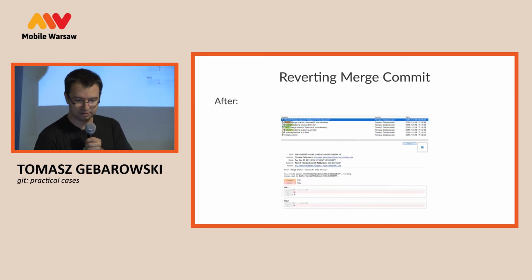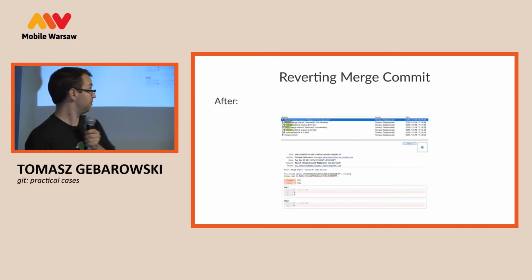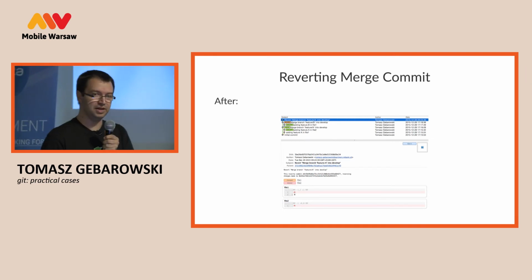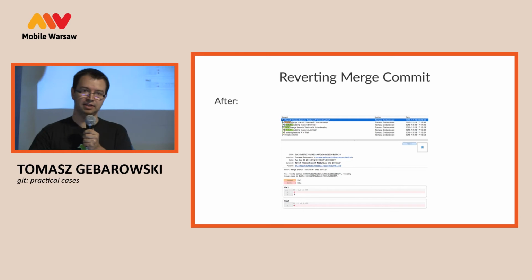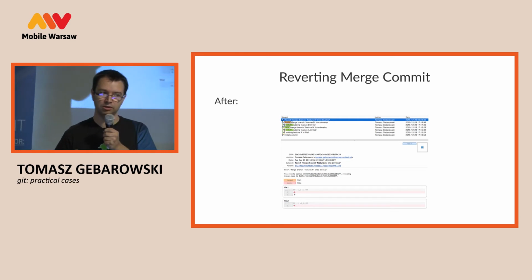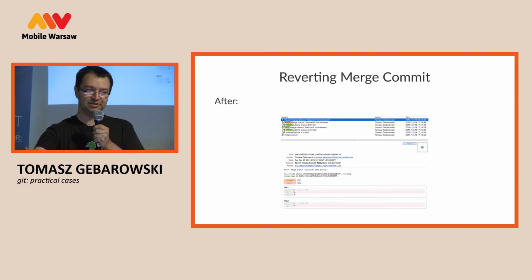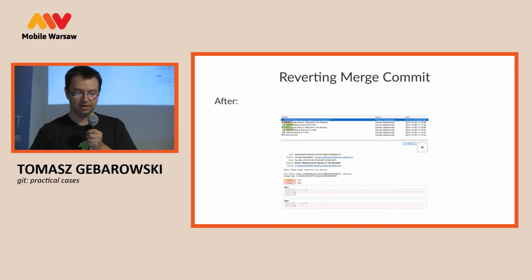And when you revert this kind of merge commit, I don't know if you can see it, probably not, it simply creates a new commit, which is the cancellation of the changes in all the commits under the merge commit.